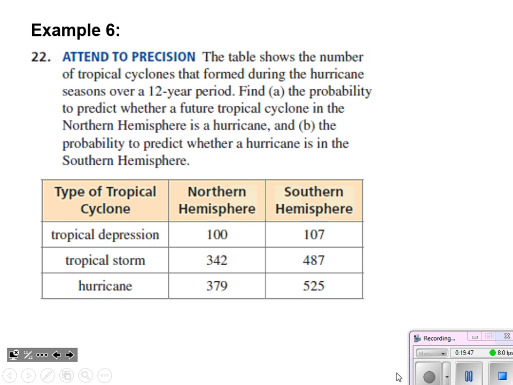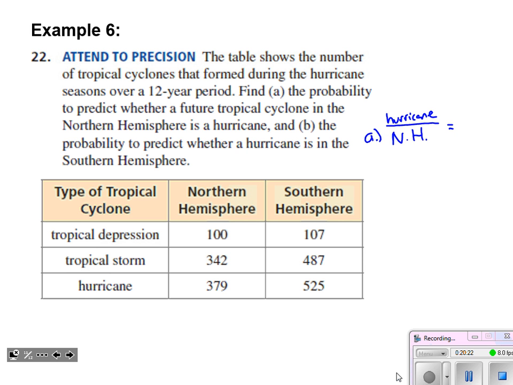Okay, so that means what's the probability that out of everything that happened in the northern hemisphere, we end up with a hurricane? So when we're looking at this, what we're looking at is hurricane over everything in the northern hemisphere. Okay, so we're looking at all those different data points. And how many hurricanes do we have? And remember, we are in the northern hemisphere only, so that southern hemisphere stuff doesn't matter.